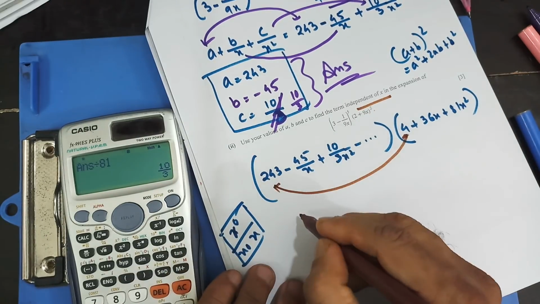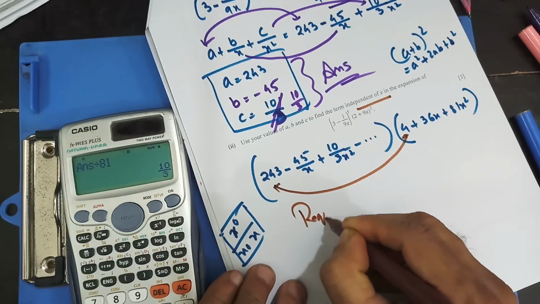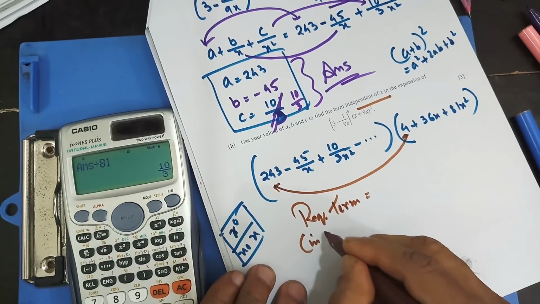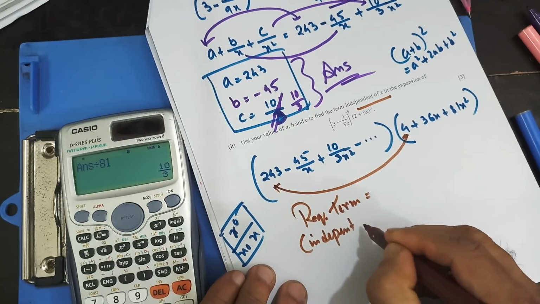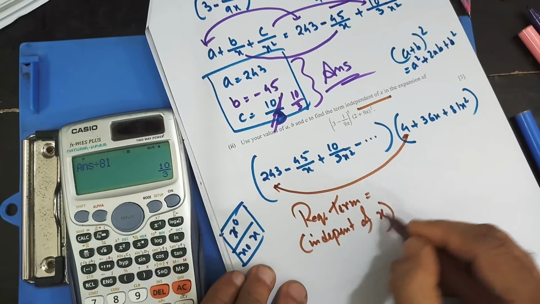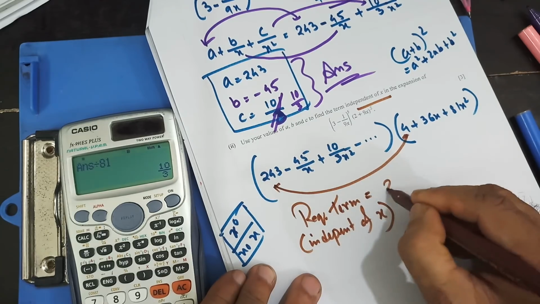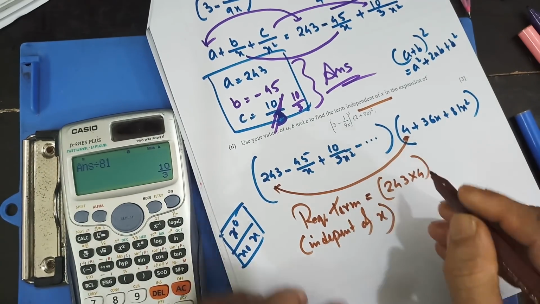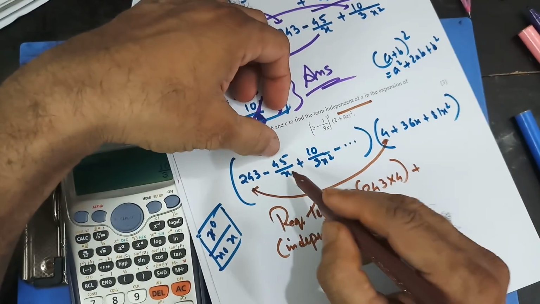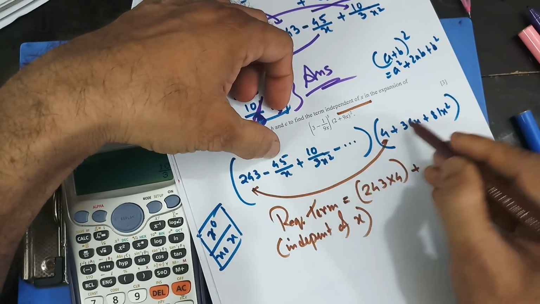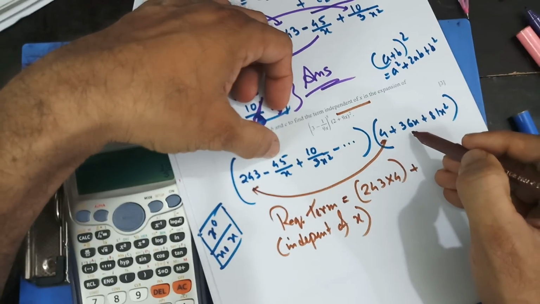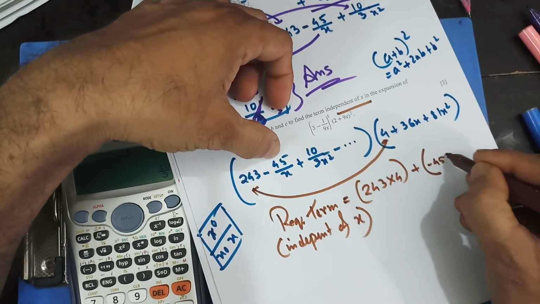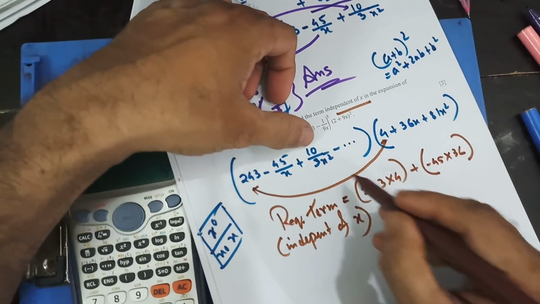So the required term, independent of x, is 243 times 4. Okay, so that's the first one. Then plus the second one, look at this and this, if I multiply, this x and this cross out, so I won't have any x. So minus 45 times 36, that's another.